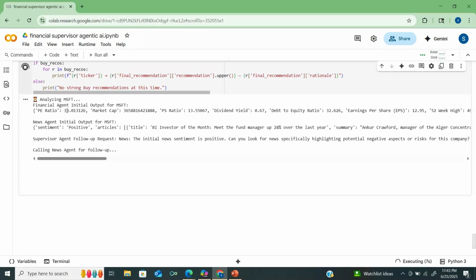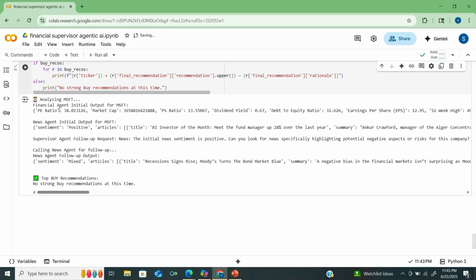First, the financial agent has given the financial metric data, and the news agent gave completely positive sentiment, and so the supervisor agent made a follow-up request for the negative aspects also, and it recommended not to buy at this time. So yeah, that's it.